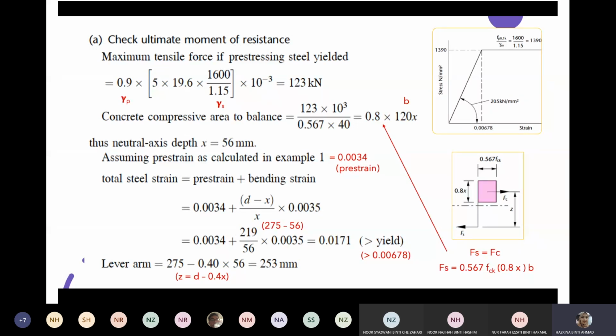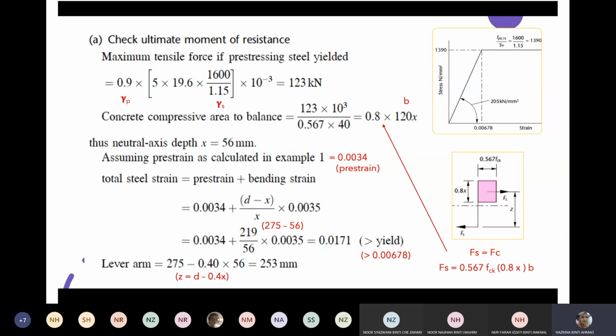To check the ultimate moment of resistance, what we have to do first is calculate the maximum tensile force if the pre-stressing steel yielded. As for this example, since we do not have 2 layers of reinforcement, we are going to calculate just once.